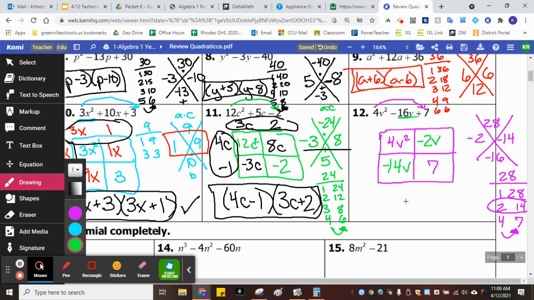That breaks up this number. So we didn't change anything from this. We just broke up 16 as 14 and 2. Then take out our greatest common factor. Greatest common factor between 4 and 2 is 2, and they both have a v in common. Greatest common factor between 4 and 14, again, is 2, and they both have a v in common.